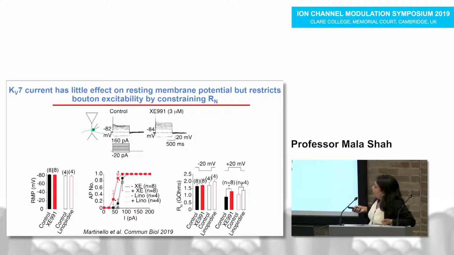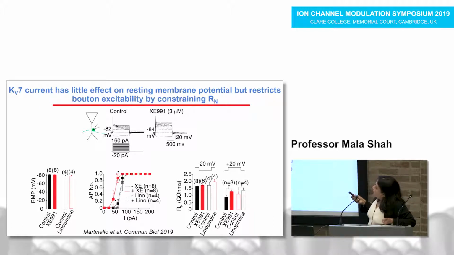On average under control conditions, it is around 80 picoamps to get a single action potential. When we added XE991 at a concentration of 3 micromolar, or linopirdine, which is a second type of Kv7 inhibitor and works at 10 micromolar, you can see that there is actually no change in the resting membrane potential, shown here.